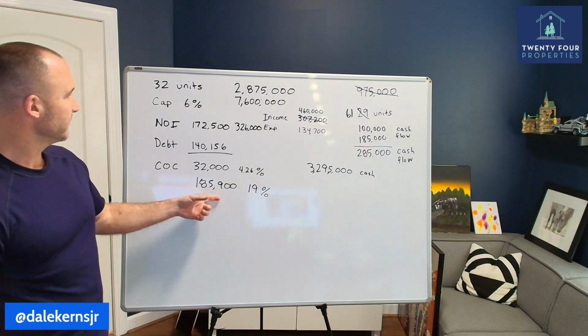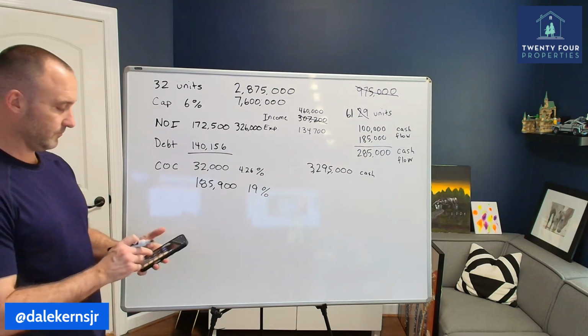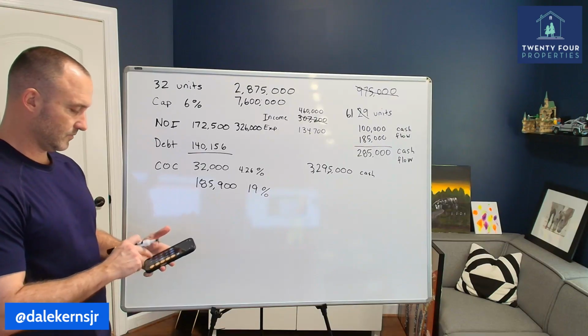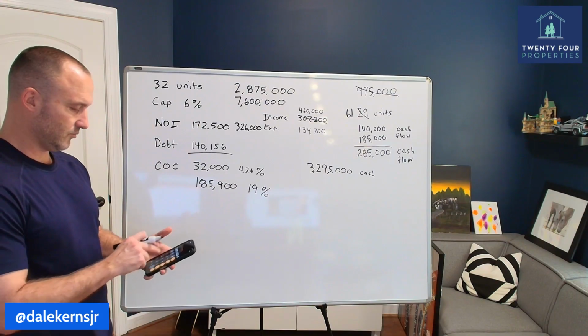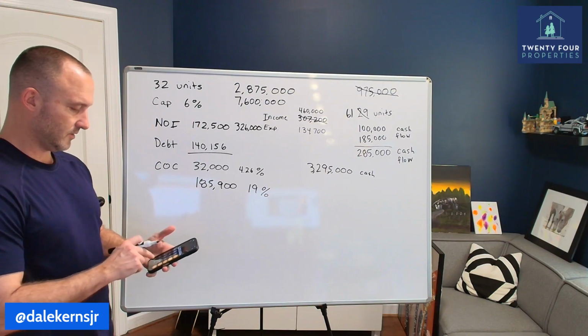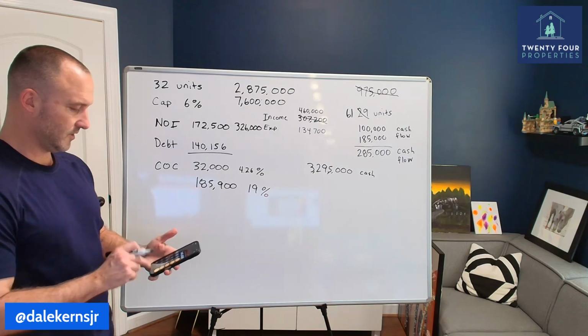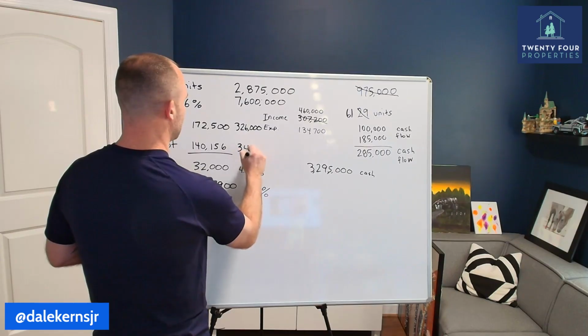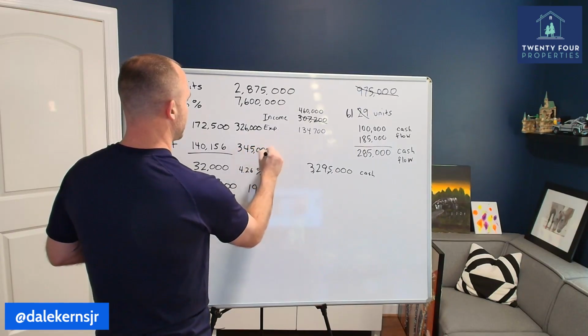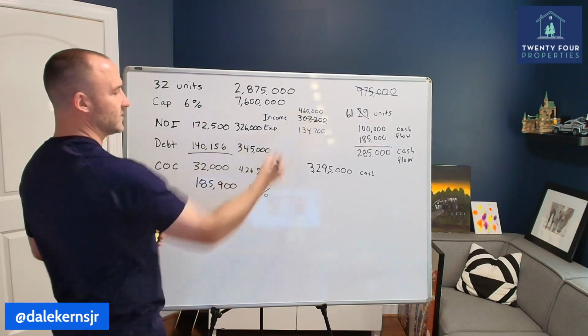Okay. Now our debt is going to go up a little bit. 76 times 0.7 times 0.065. Our debt goes up to 345. But we're still getting 460.